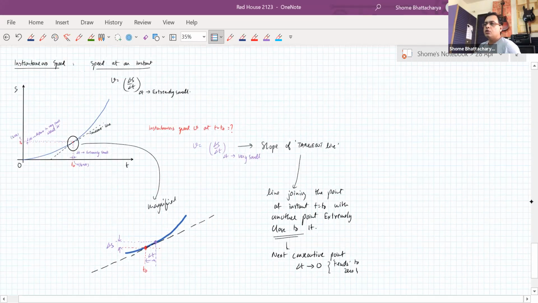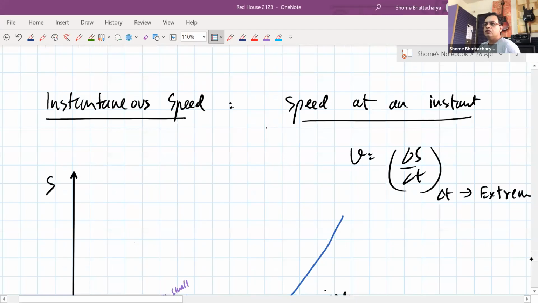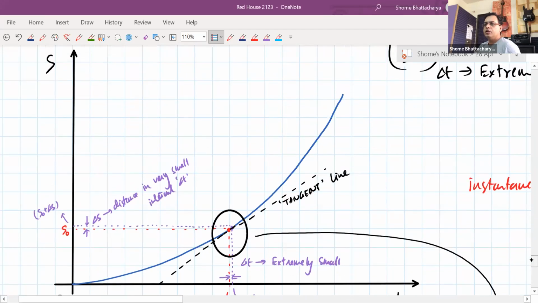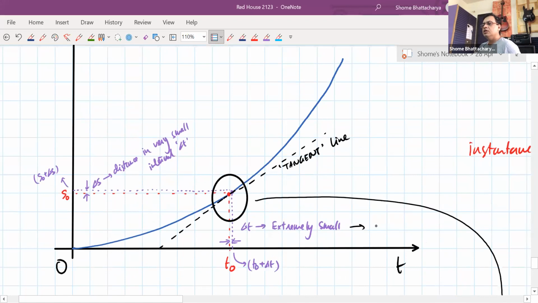So I'm given this graph of distance versus time, and I want to calculate the instantaneous speed at this time t naught. I'll have to draw that point on the graph at time t naught and then draw the next consecutive point on the graph. The distance between these 2 points should be extremely small, which means delta t should be tending to 0, so that these two become like consecutive points on that curve of s versus t.